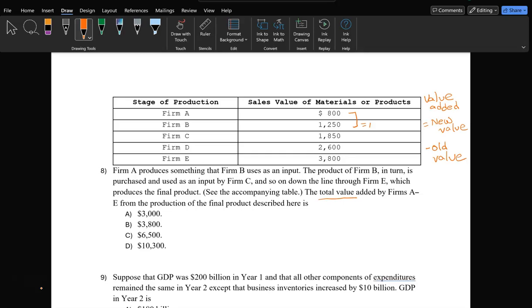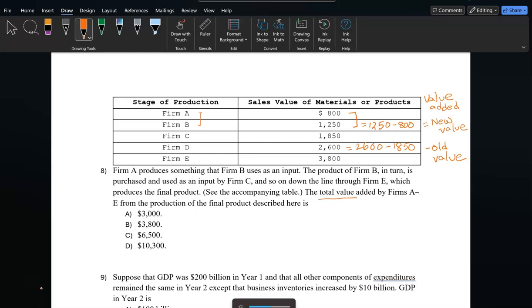If the question was asking the value added between farms A and B, it would have been 1250 minus 800. We can find out the value added between two stages of the production process or the total value added.